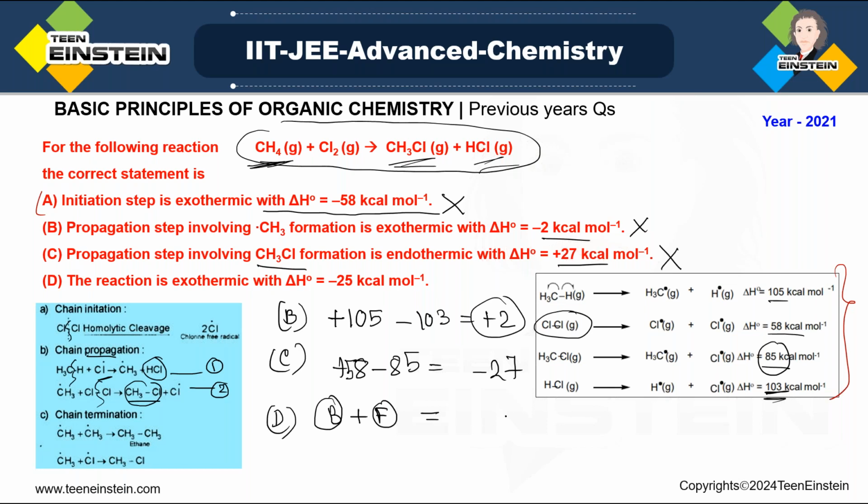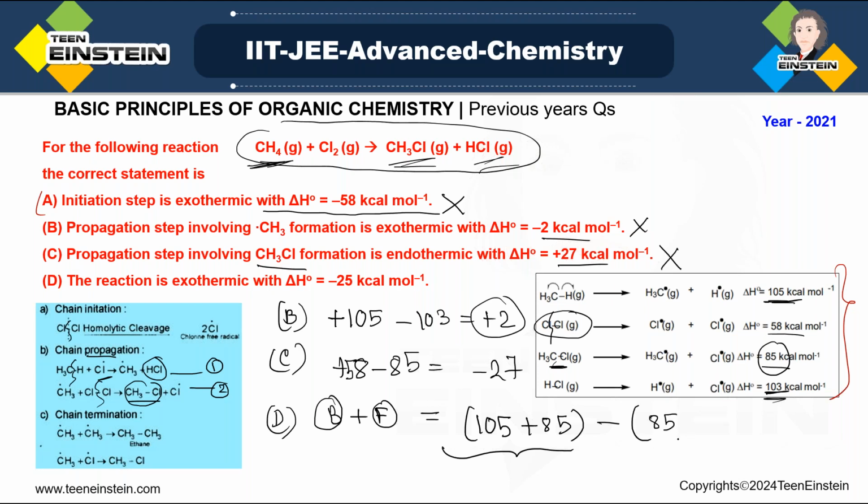So for breaking, which bond is broken here? 105 and also 58, because you are breaking Cl. So for breaking, you have to supply this amount of energy. Let me write the other one. Now which bonds are formed? The bond between chlorine and carbon, that means 85 amount of energy released.